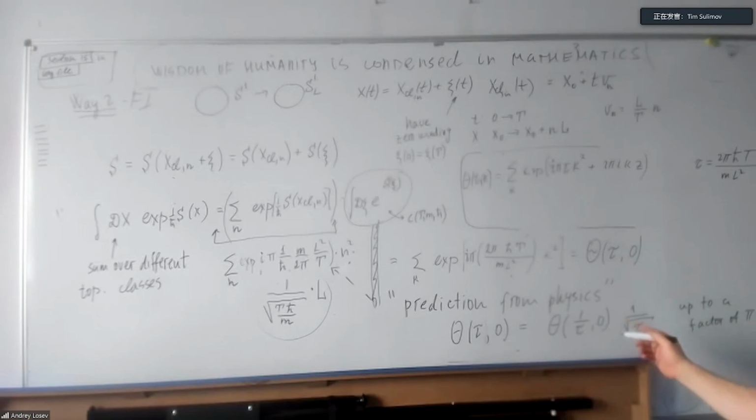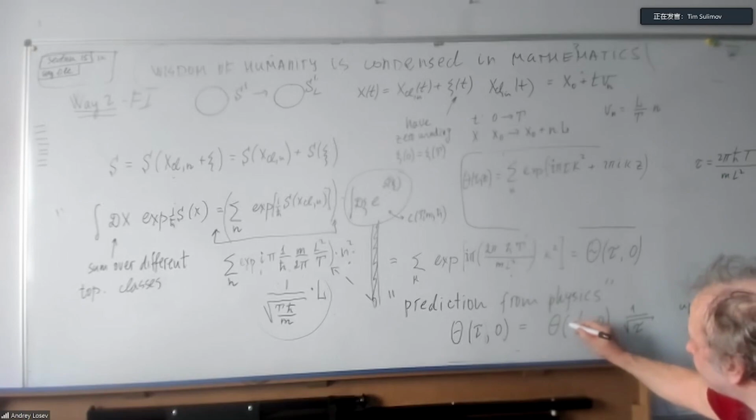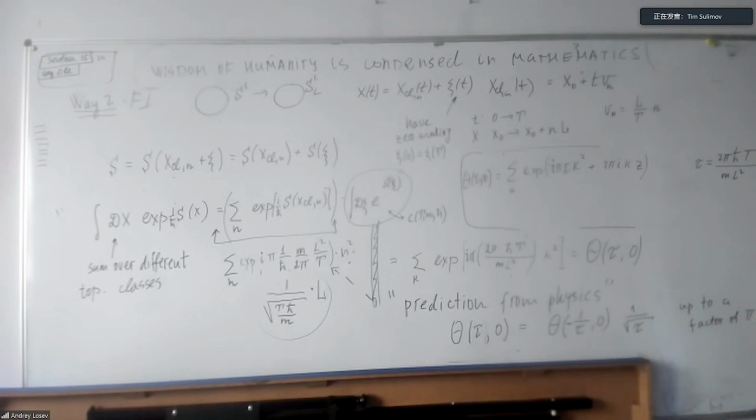Well, we lost that factor last time, so it should be there. Yes, it should, however, be there. There's a question of a minus. I'm comparing this with a formula from Wikipedia, and I see that 1 over tau should have a minus. That is perhaps the minus that was lost in front of the action. In front of the action we had i.